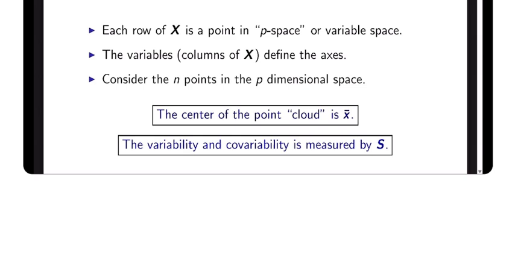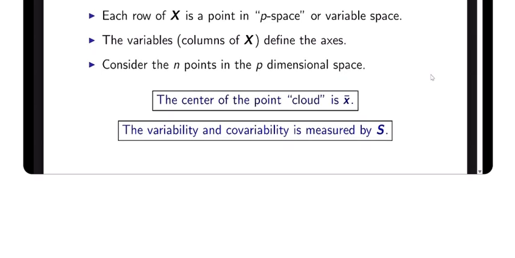We define the variable as an uppercase X. When I say uppercase X, I'm saying I have more than one feature. That defines the axes, because when I'm talking about geometry, there should be axes. So what forms the axes is actually the variables. We are now considering n points, the number of observations or cases, in the p-dimensional space.